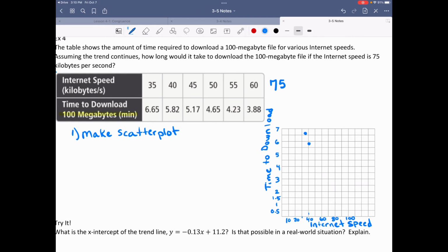And then for 45 kilobytes in my internet, that's my speed. 45 is in between 40 and 50, going up to 5.17, right about here. And then I have an internet speed of 50, and that's going to take 4.65, so about here.